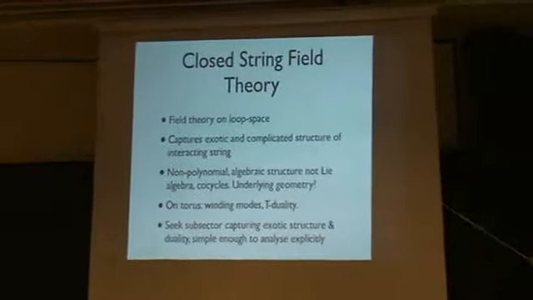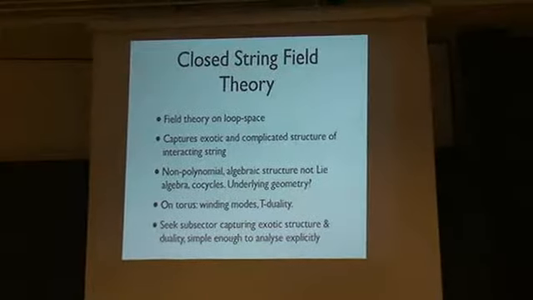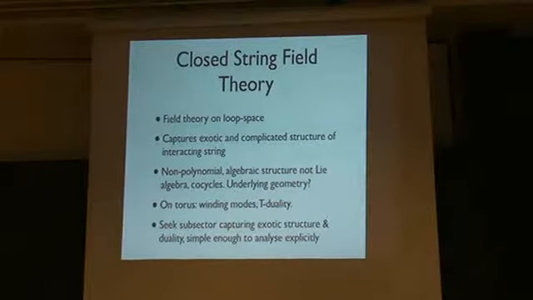And these capture some of the exotic and complicated structure of the interacting string. In particular, they give some of the vertices in a very economical form. As I mentioned, it's non-polynomial, so it's only defined iteratively. It has interactions of arbitrary order, the nth order interaction being defined in terms of the lower ones.